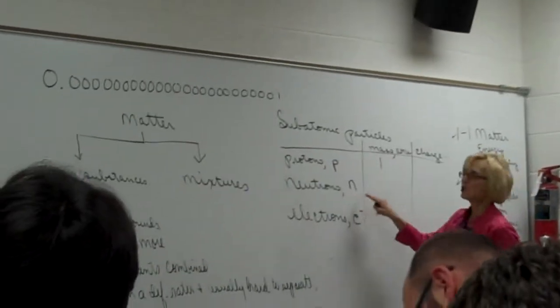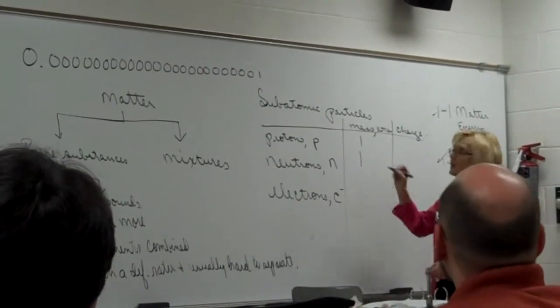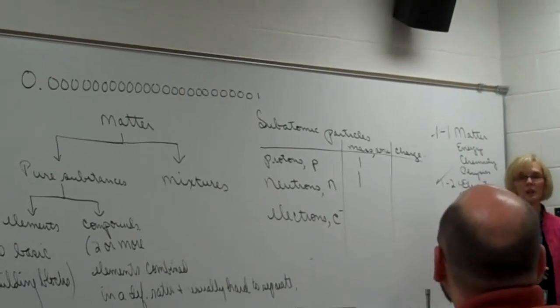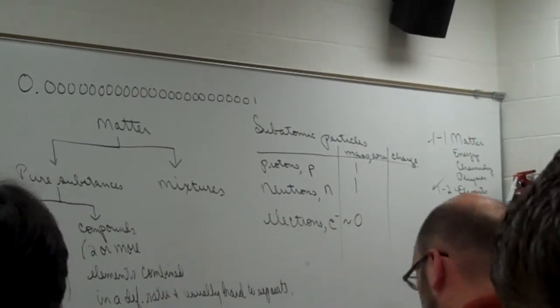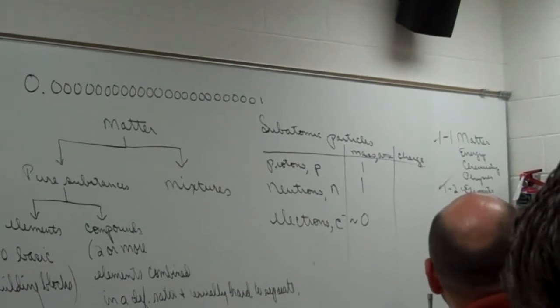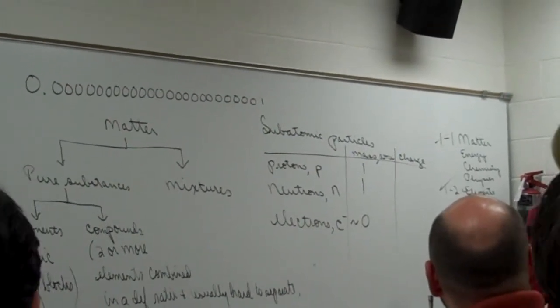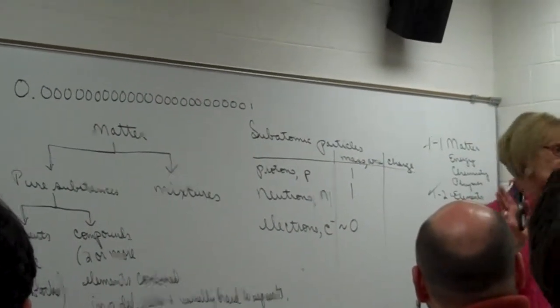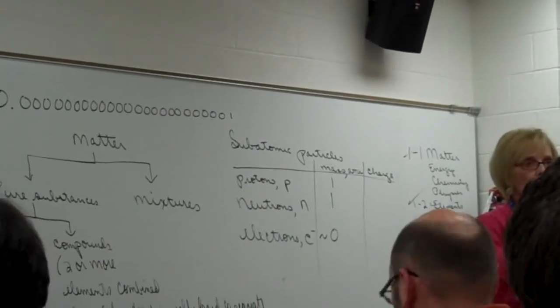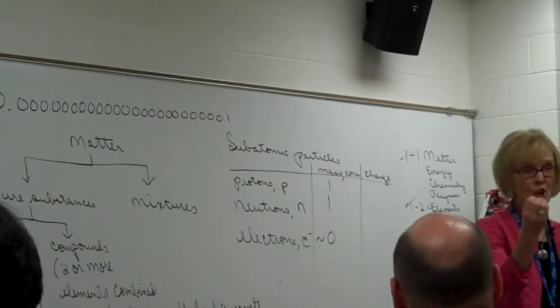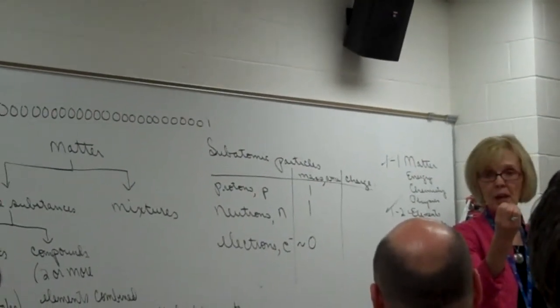And then they compared a neutron to a proton and found it's basically the same, so it's going to be a 1 as well. And then they compared an electron, and they said, hey, it's about 0. It's actually, I think, 1/2000 or something like that of a proton. They say, hey, that's so small, we're going to ignore it, and we're going to say it's 0. But if you think about electrons as particles, they've got to have some mass.